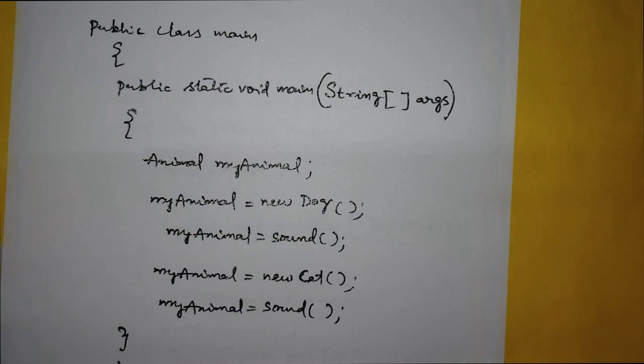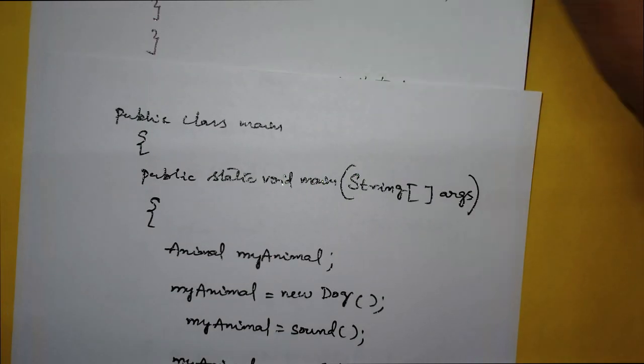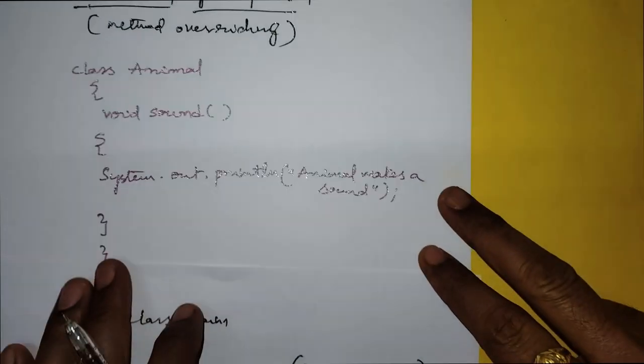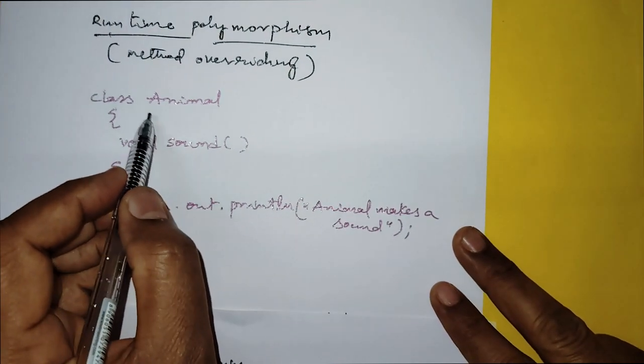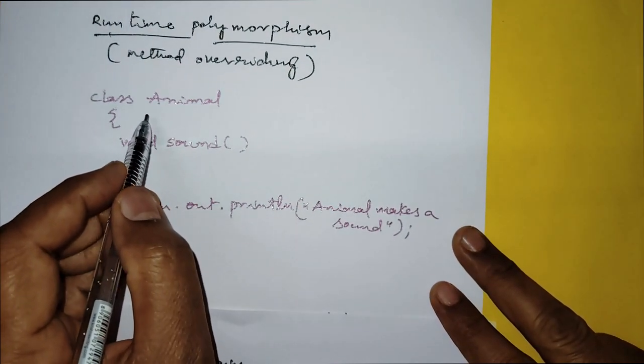Here we are going to give the step-by-step explanation. What is the first step? Define the superclass Animal.